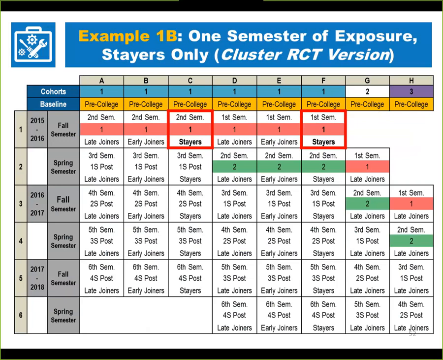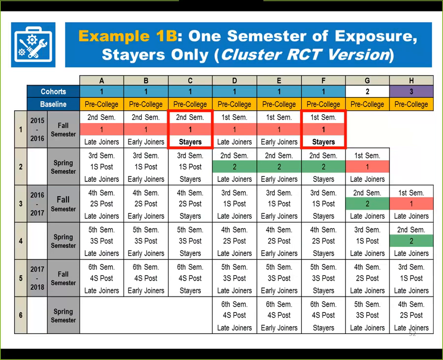If we were to focus on the sample of students that have 1 semester of exposure, regardless of grade level, or semester since the start of the intervention, and focus on students who were present in schools at the time of random assignment, a sample with only stayers, then outcomes would be measured for students in 2 cells, shown here outlined in red.